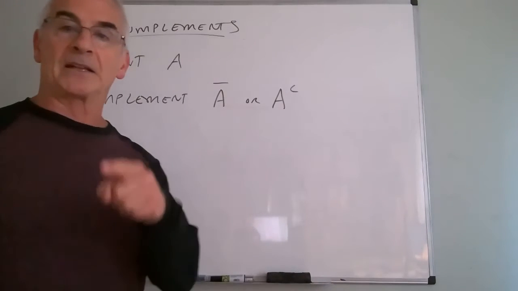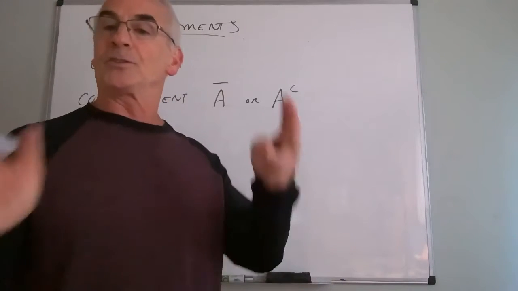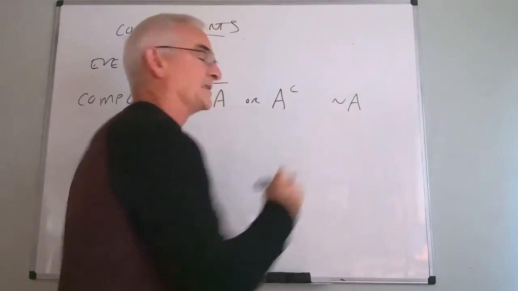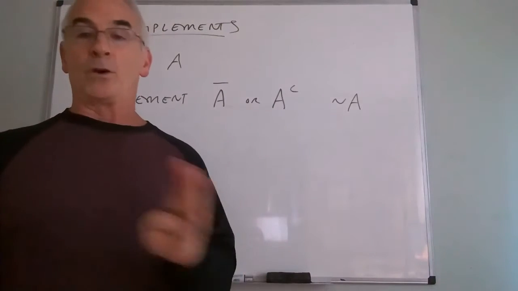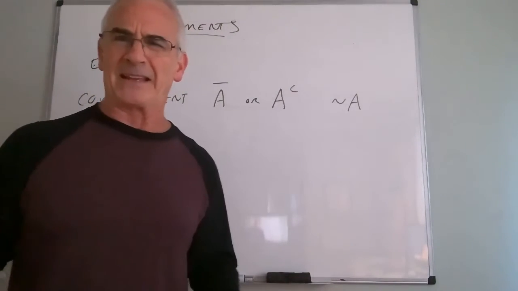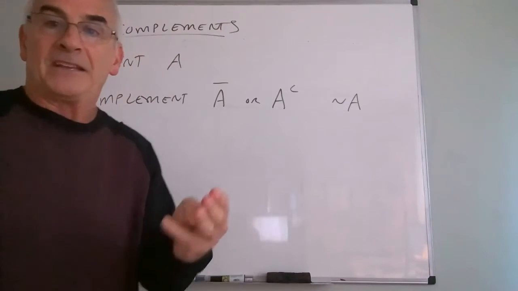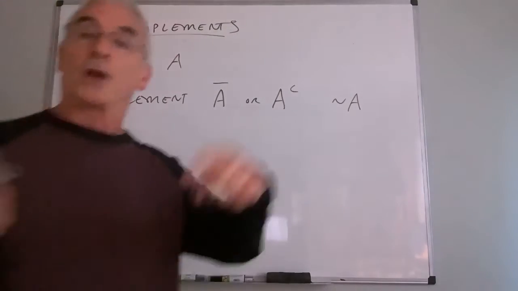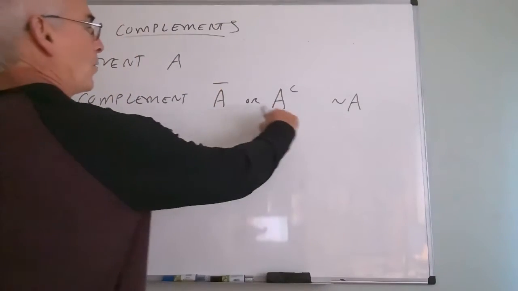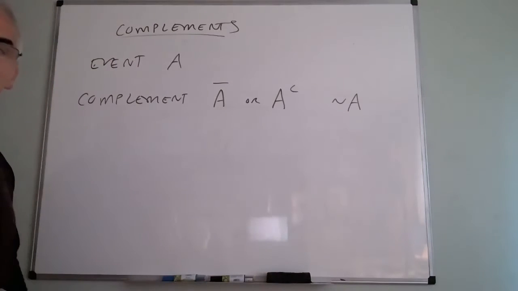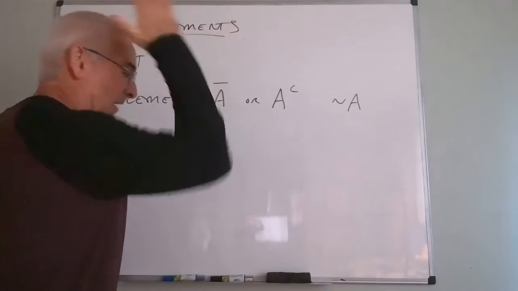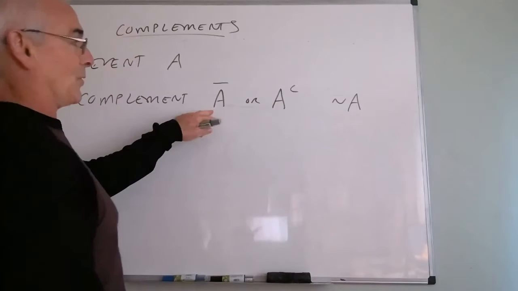If I'm talking about a logical statement, then the complement is generally the squiggle, which means "not" in this context. But we don't say "not" for events. That doesn't make any sense, right? An event is a list of outcomes. You don't say "not the outcomes," you say all the other outcomes. So either one of these notations is totally acceptable. Just be consistent. One textbook to the next, they'll change. I like this one just because it reminds me it is a complement, but this one's also okay.